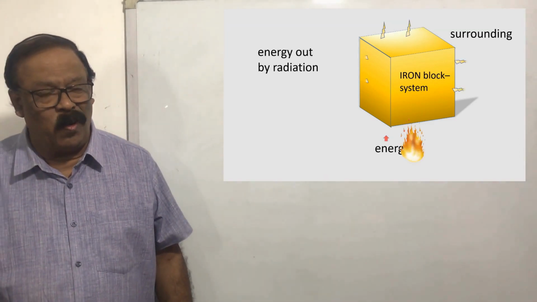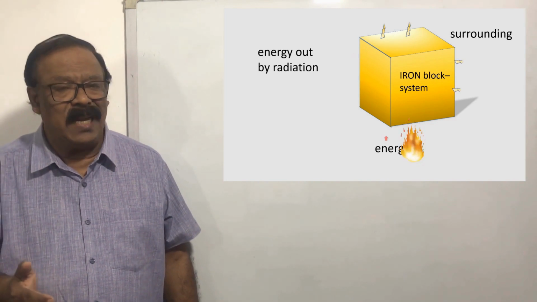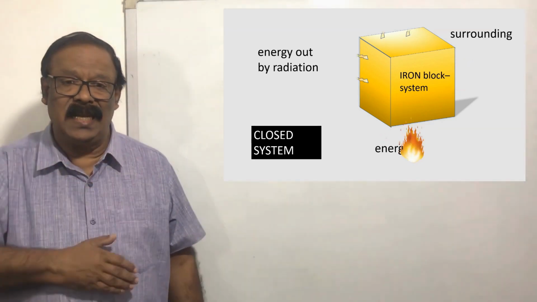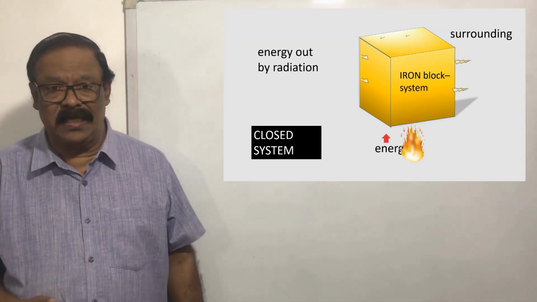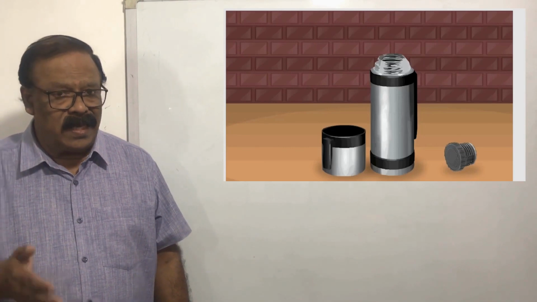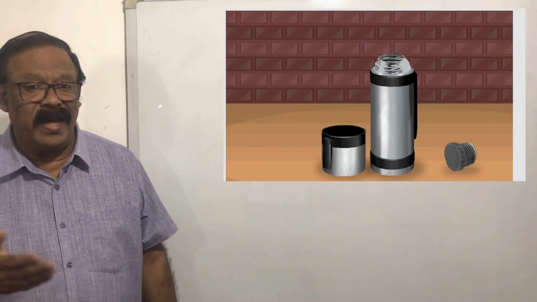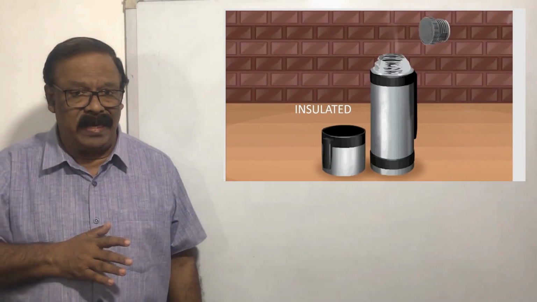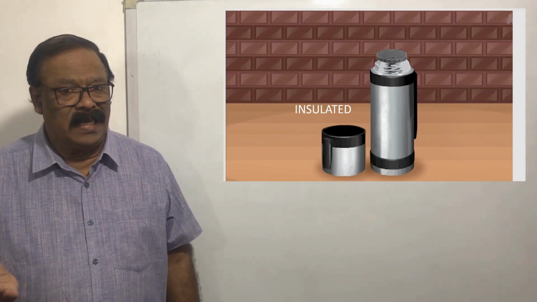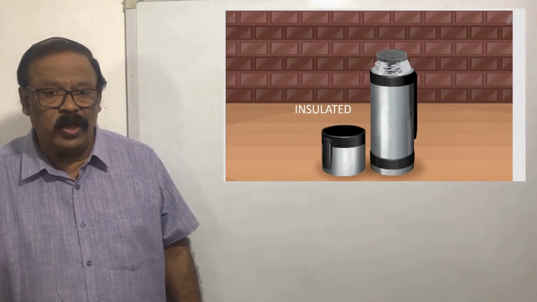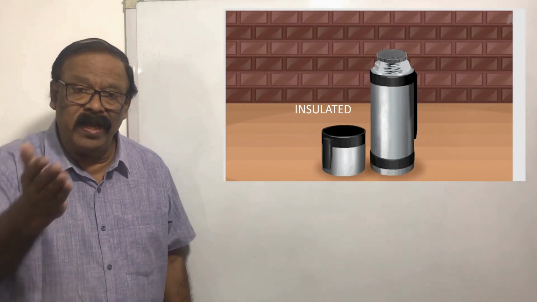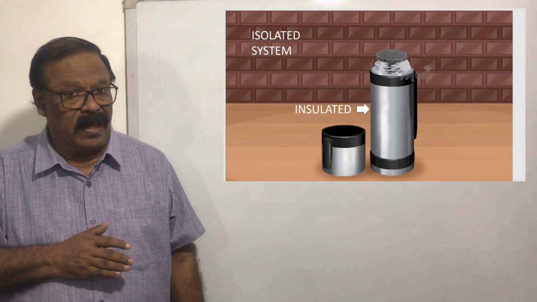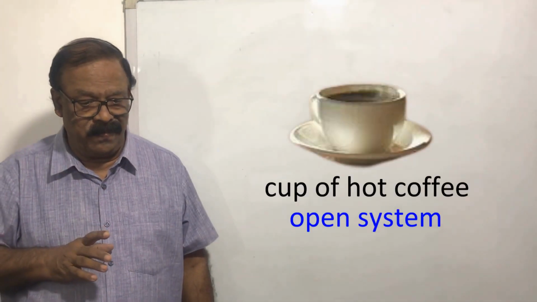No. Only heat energy can be exchanged between the system and the surrounding. And this is an example of a closed system. Then consider a good thermos flask wherein we are pouring a liquid, closing it and keeping it for some time. Neither mass nor heat can go out of the system to the surrounding or from the surrounding to the system. So this constitutes an example of an isolated system.